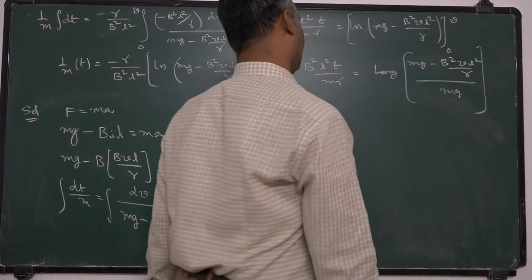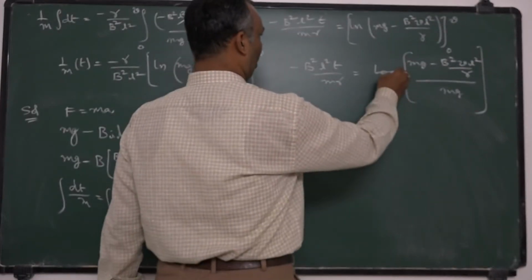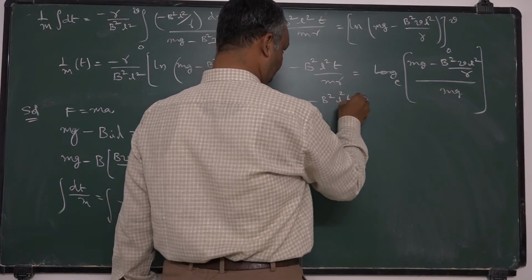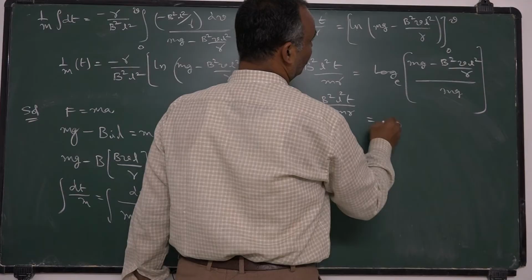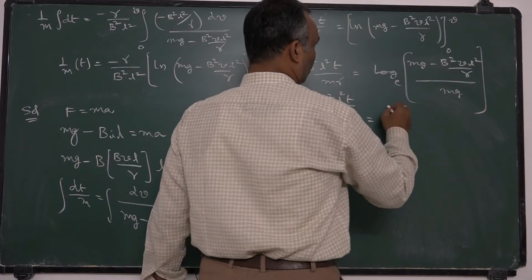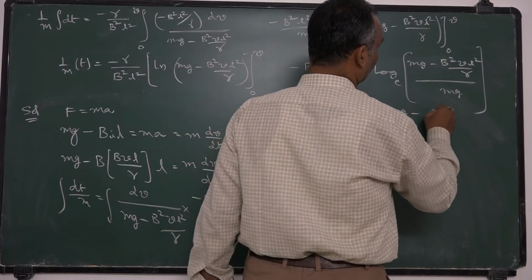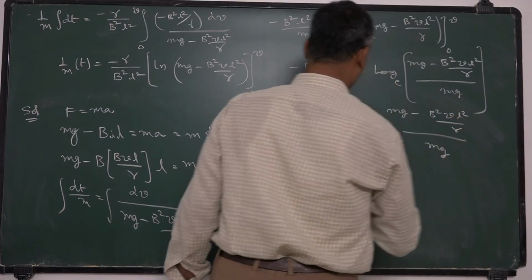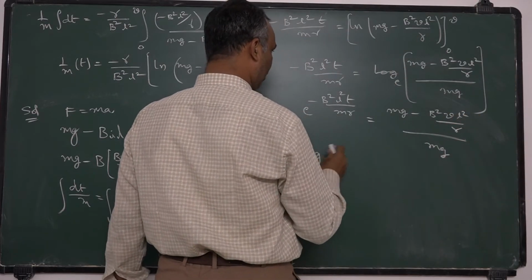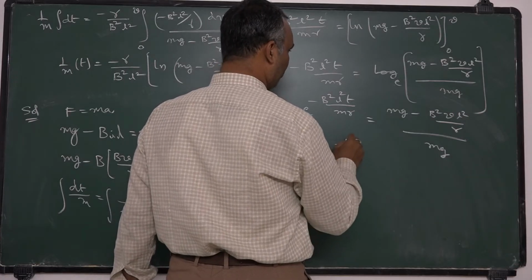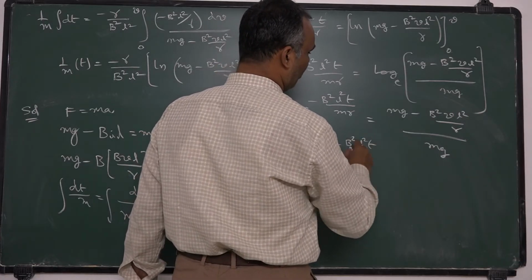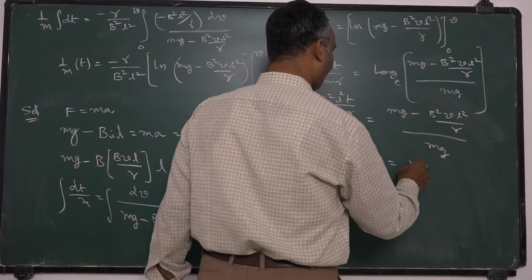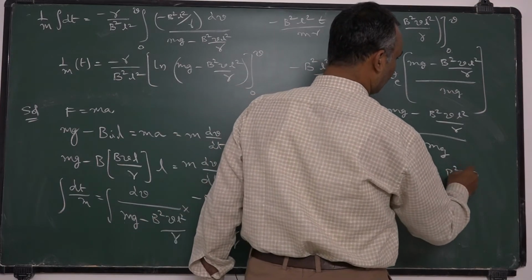So this is the thing, and if you remove the log to the base e, this will come this side: minus b square l square t by mr is equal to mg minus b square v l square by r, by mg. That mg you bring this side: mg into e power minus b square l square t by mr is equal to mg minus b square v l square by r.